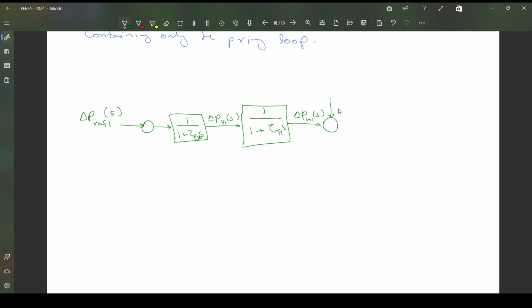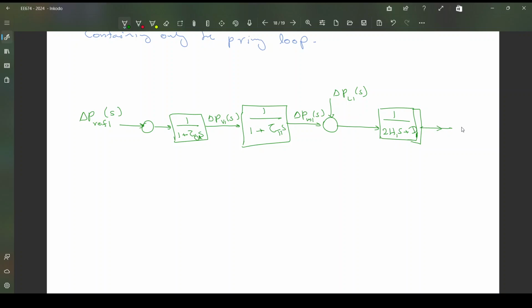And with the delta PL1 s, the 1 is basically for area 1, you can then calculate the speed, 1 over 2 H1 s plus D1. This is the same thing that we have done earlier.